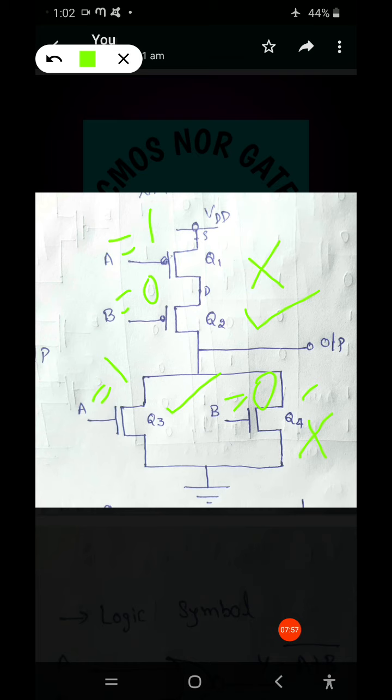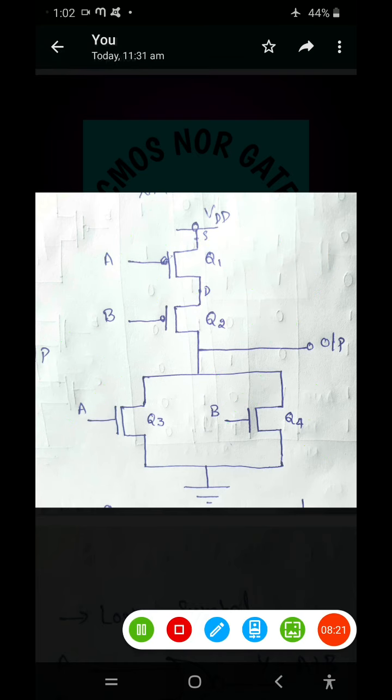If you see clearly, Q1 is off here because of A equal to 1. So whatever the state of the remaining transistors, because Q1 is off, the VDD power supply will not move towards the output, so the output will be 0.